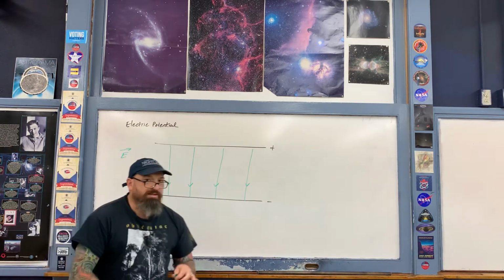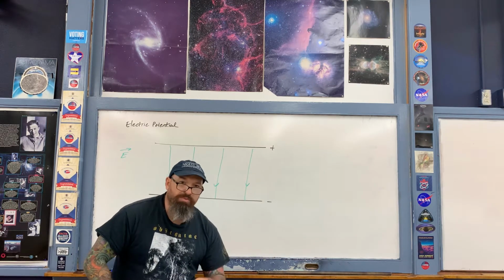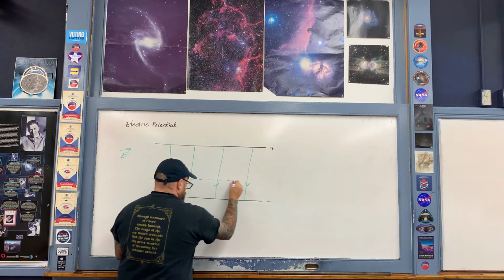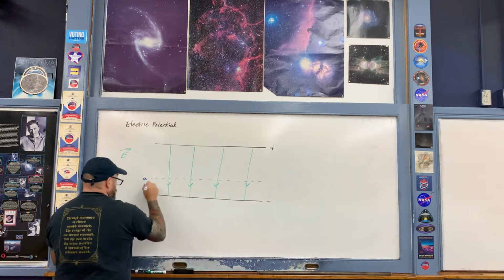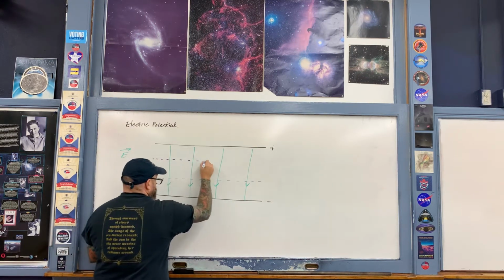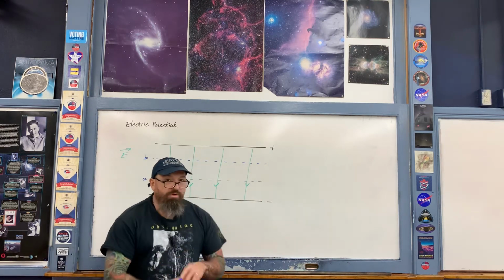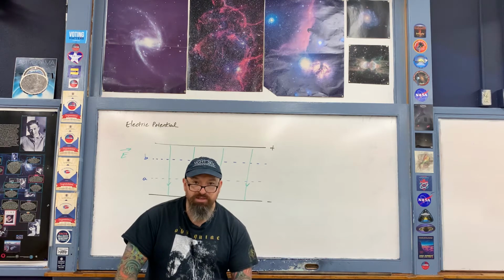And then once again, let's think of it in terms of heights, equipotential surfaces. So right here, we'll say is height A. Right here, we'll say is height B. And then what we do is we take a positive test charge.